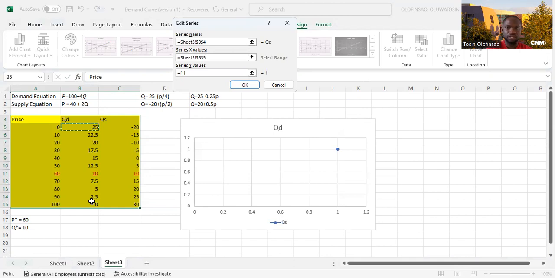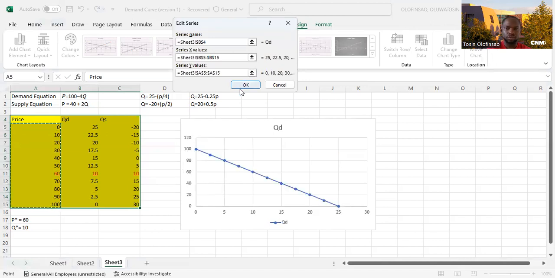You want the quantity demanded to be on the x-axis, and the price should be on the vertical axis, the y-axis. Just take this out. Sometimes it just gives you an error if you try to click it that way. Just take it out and do that. Highlight the price range. As you can see here, we have the downward sloping demand curve.